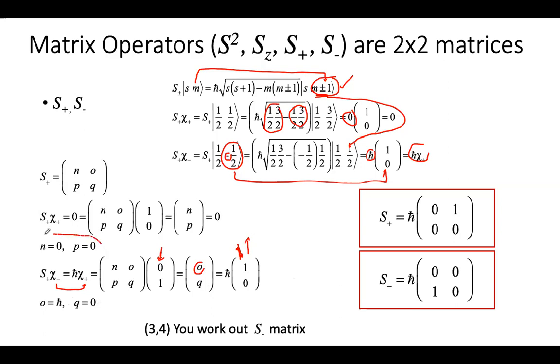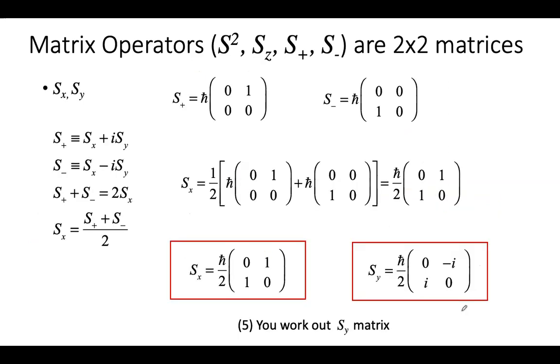So I've unlocked all the elements now with this bit of logic and mathematics. And I guess that means, fill them in here, N is H bar factored out, 0, and for P and Q, and so that must be the plus state. And you should show with number 3 that when you work out the minus, it becomes this.